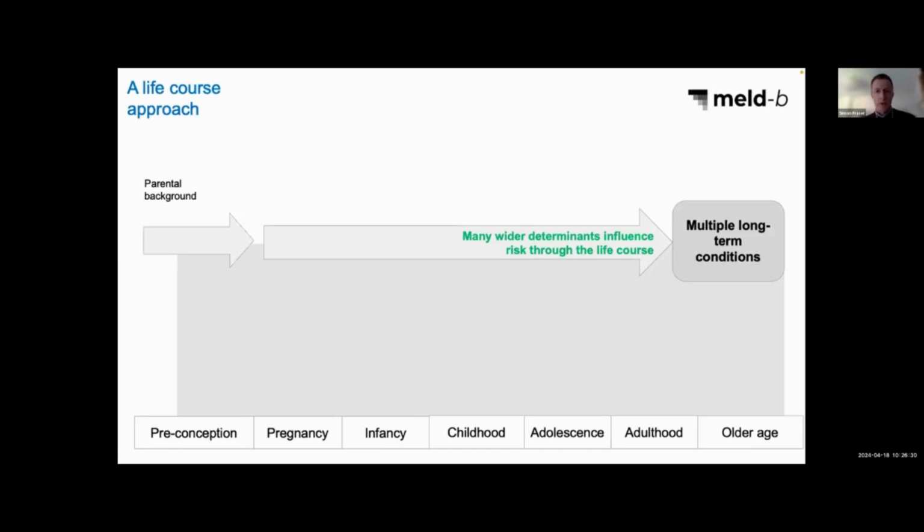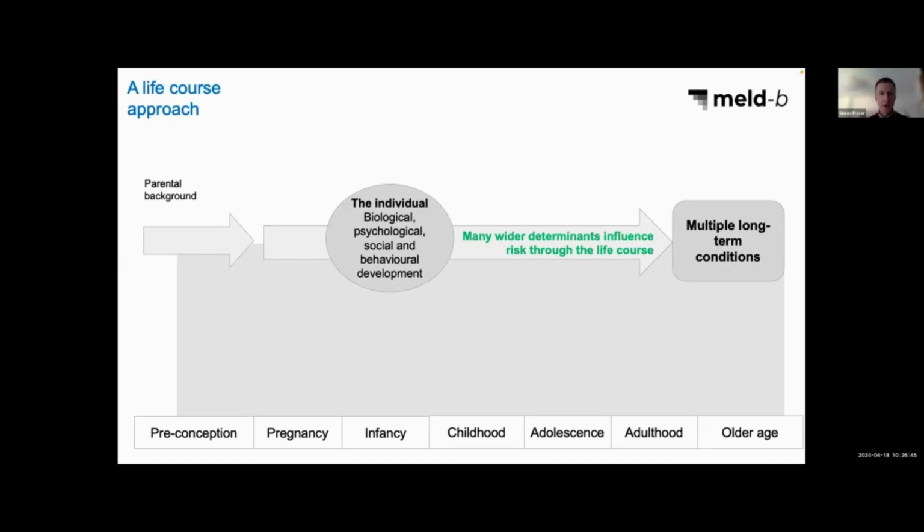So the other important thing about this project is taking this life course approach. We are also considering that many wider determinants influence the risk of developing multiple conditions throughout the life course.